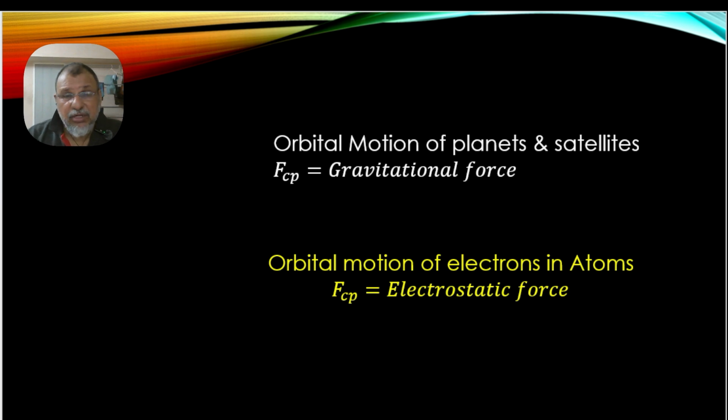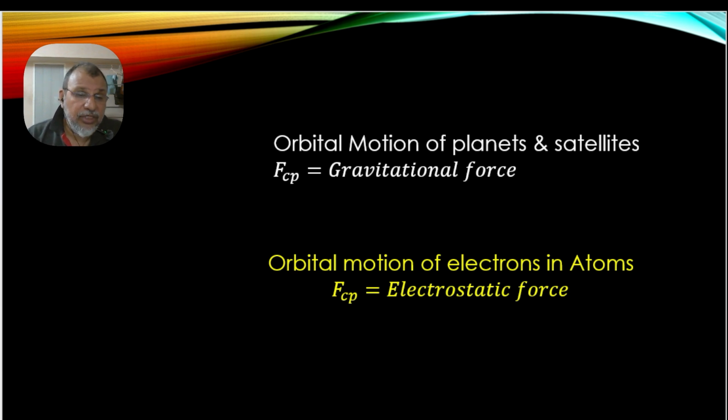For example, the Earth moves around the Sun because the gravitational force exerted by the Sun on the Earth acts as the centripetal force to keep the Earth in its orbit.